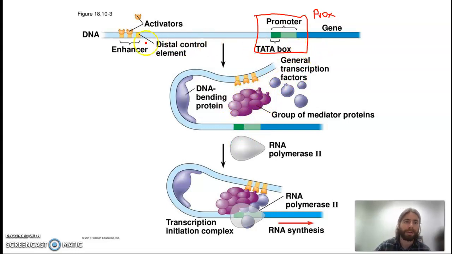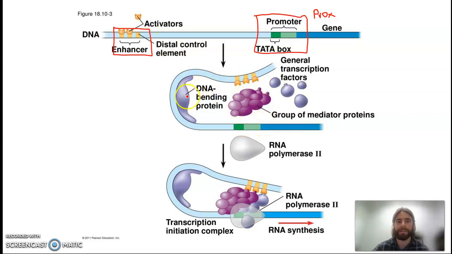Now, far away, all the way on the left-hand side of this diagram, is something called an enhancer region. And you can see that this is quite removed. It doesn't have to be this quote-unquote close. It can be much farther away, much more distal. But these sequences that are highlighted in yellow will bind to specific proteins called activators and help to create this complex of molecules.